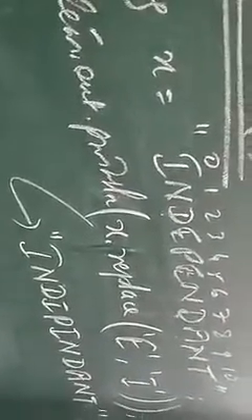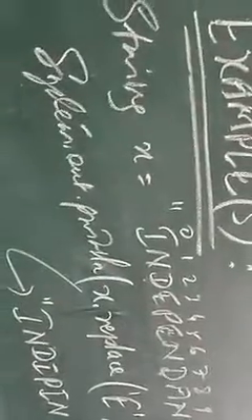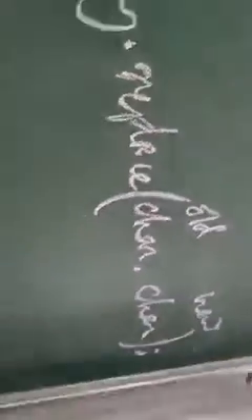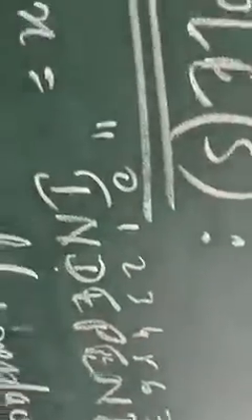So this is with a character, replacing an old character with a new character. Please remember, the first one is always the old character and the second one is the new character. So we are replacing the old character with a new character in a particular string.